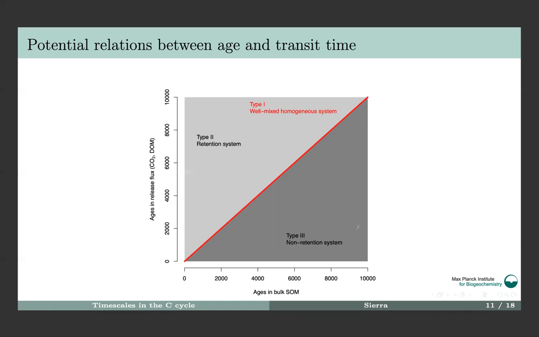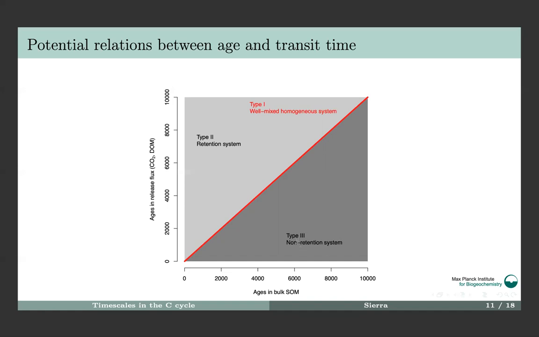And the third case is when the transit time is shorter than the age. This happens when carbon comes into the soil and gets quickly respired, but a very small amount of carbon will remain and accumulate over time, and therefore the total age of soil organic matter will get very old.